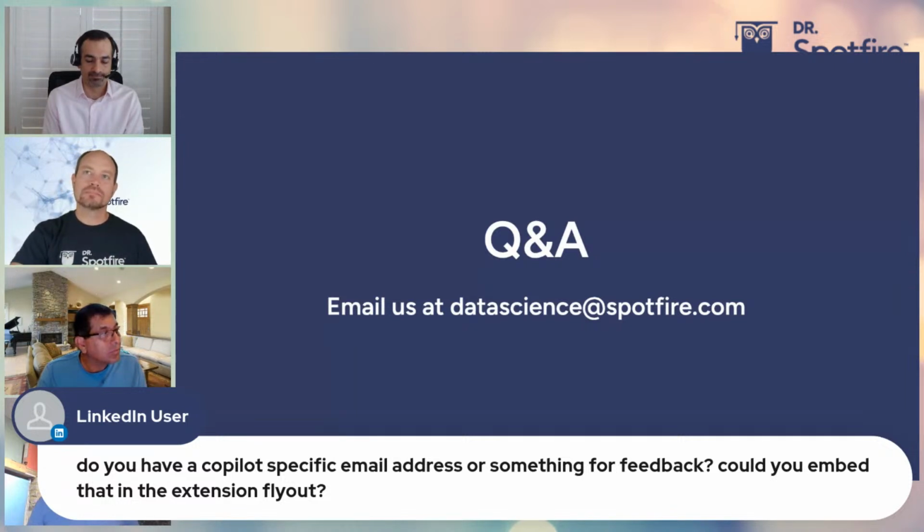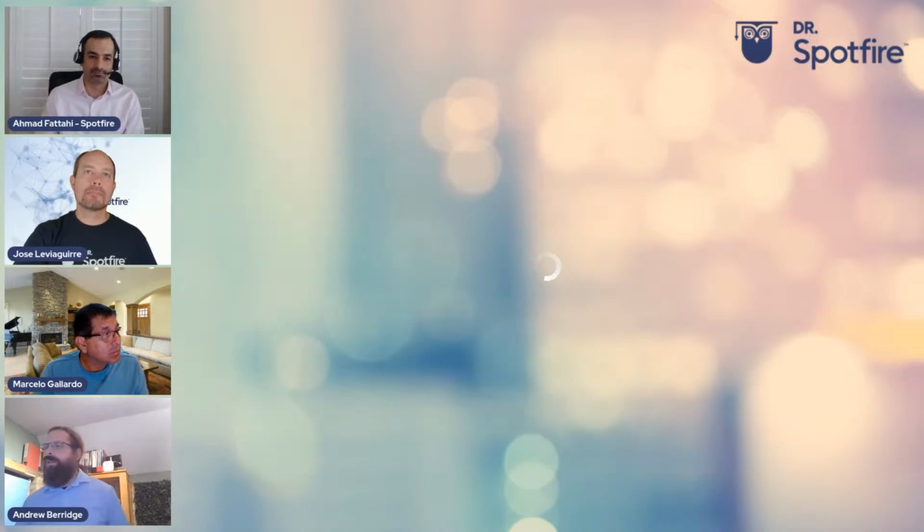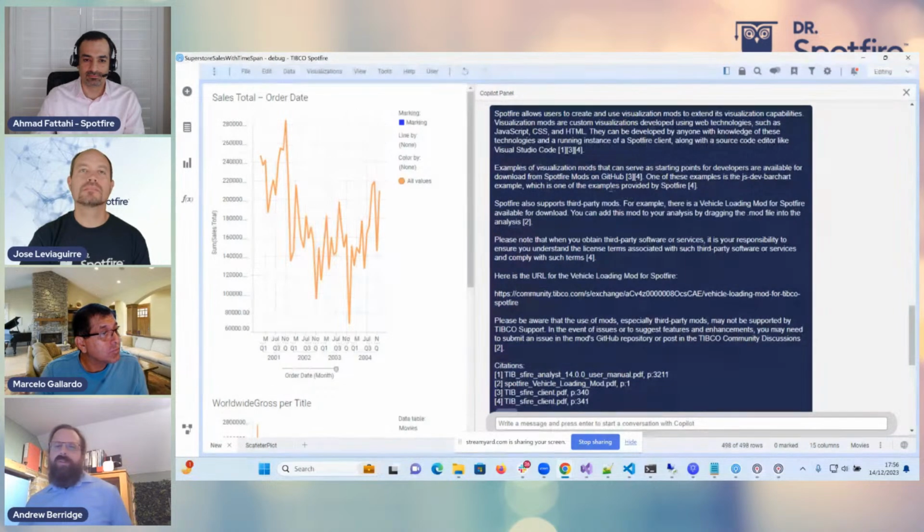One of the things I struggled to show was mods earlier. So I asked this question: what mods can I use in Spotfire? It gave me some text around what mods are, what you could do with them, some example mods, and a link to an example mod.